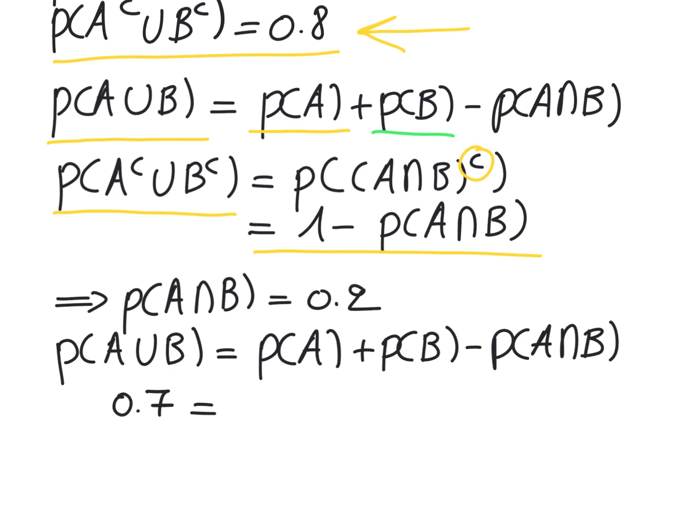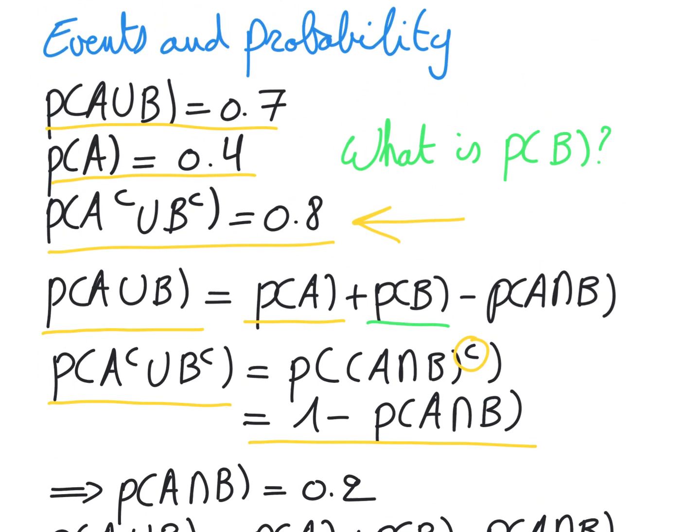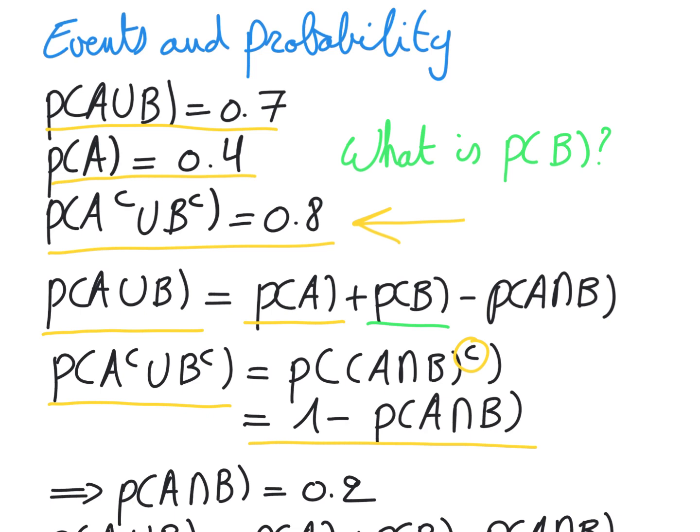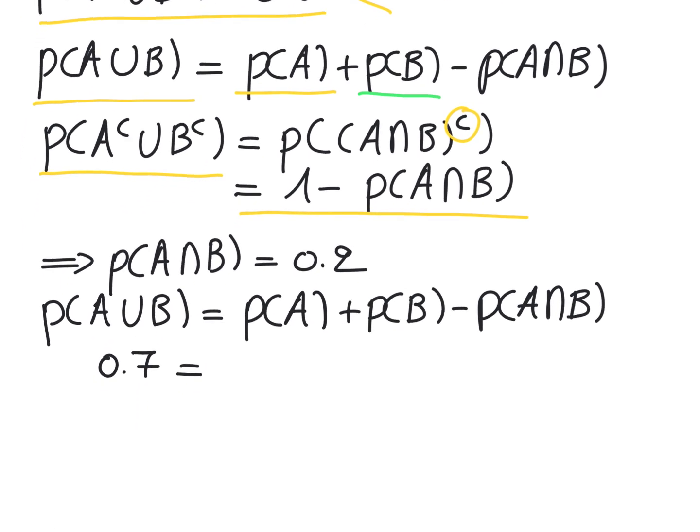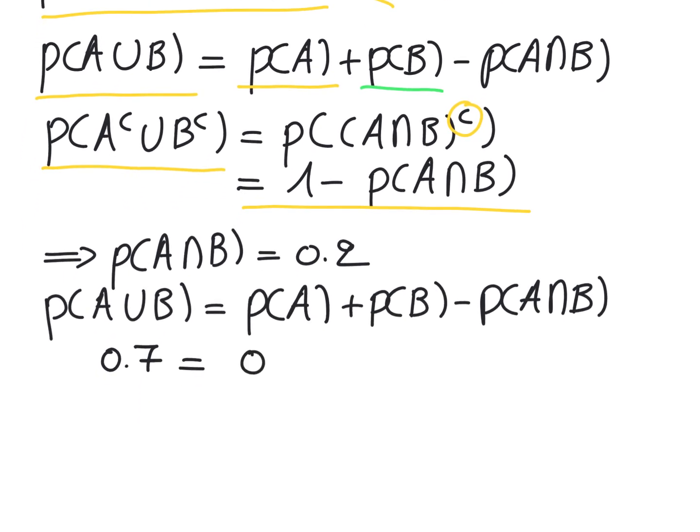Same is true for the probability of A, which is 0.4. The probability of B, well, that's the one we are trying to find. And the probability of A intersection B, we just determined, is 0.2.